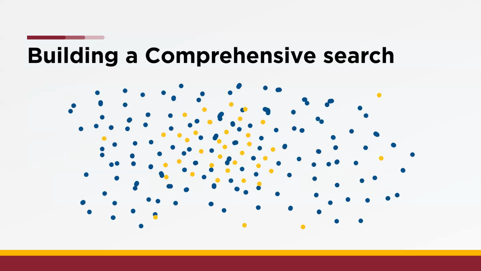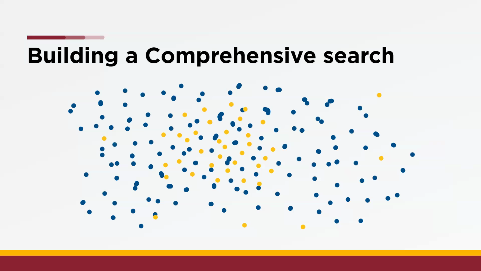Okay, and so now we're going to move on to building a comprehensive search. This is how I visualize and try to explain what I mean when I say comprehensive search, what does that even mean? We're going to imagine that all of these dots, both colors, represent the articles in all of the databases that we've chosen to search.